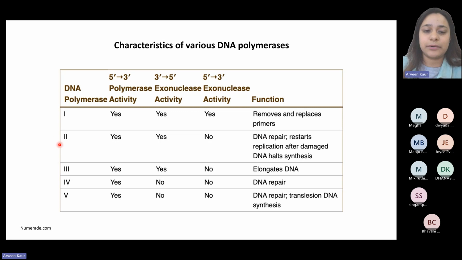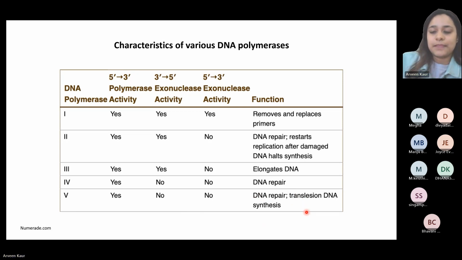The function of DNA polymerase 2 is DNA repair. It restarts replication after damaged DNA halts synthesis. DNA pol 3 is used to elongate DNA. DNA pol 4 helps in repair of DNA, and DNA pol 5 also helps in repair of DNA and in translesion DNA synthesis.